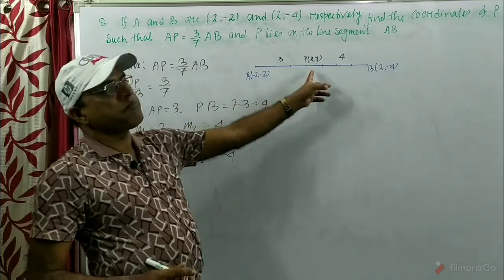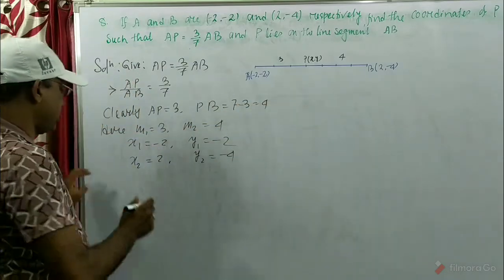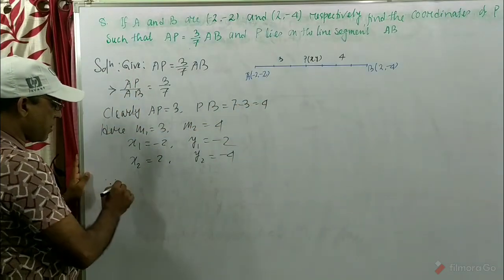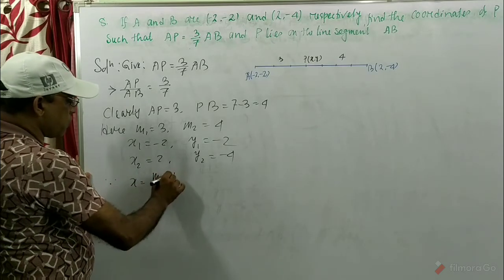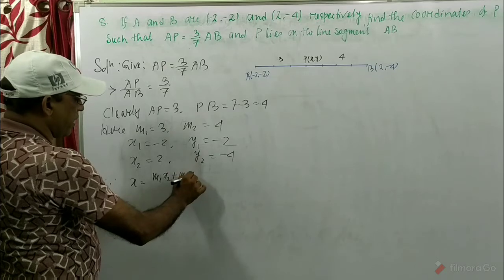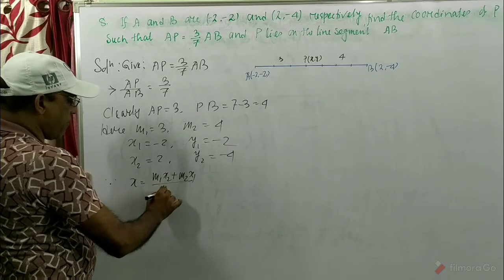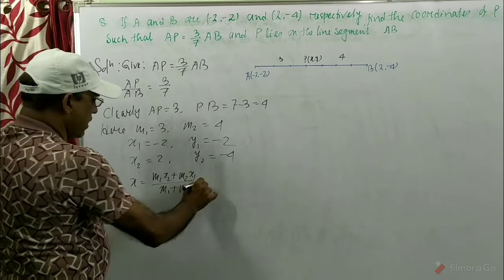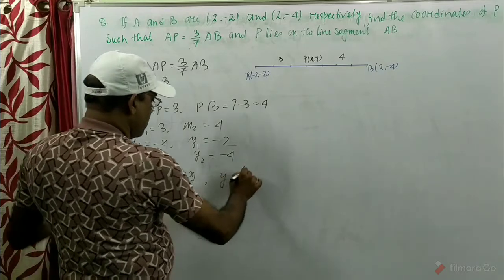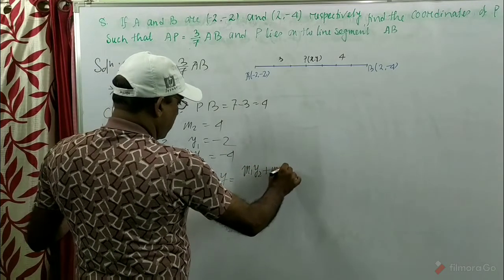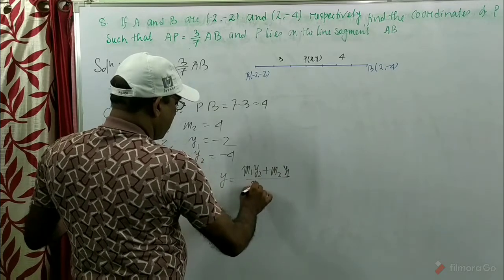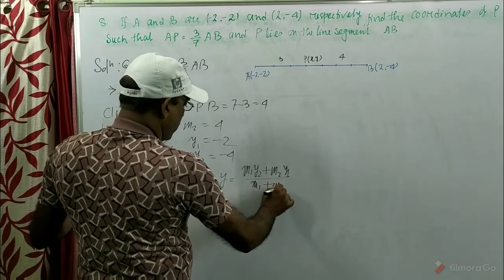Now we want to find the point P. By the section formula we know x = (m1x2 + m2x1)/(m1 + m2) and y = (m1y2 + m2y1)/(m1 + m2).